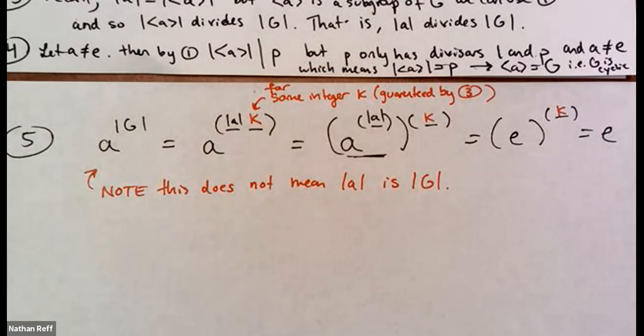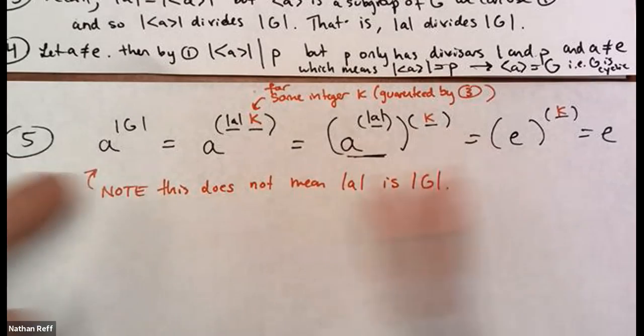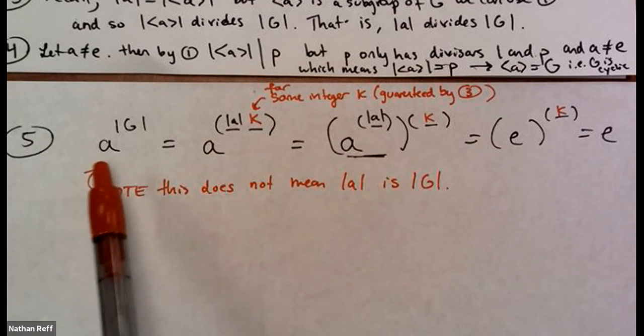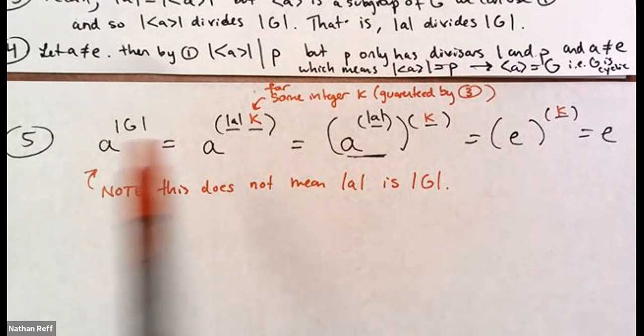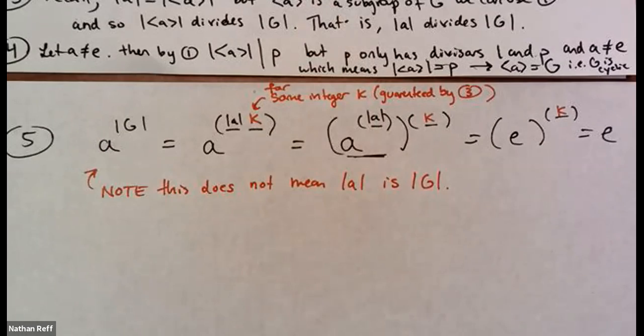For example, if A to the 6 was the identity, the order could be 1, 2, 3, or 6. I talked about that in the lecture on order, so look back on that, and it'll come up in the homework due this week. Property 5 is not extraordinarily important. It's just telling you that there's an upper bound on the order. The order can't go beyond the order of the group, okay?